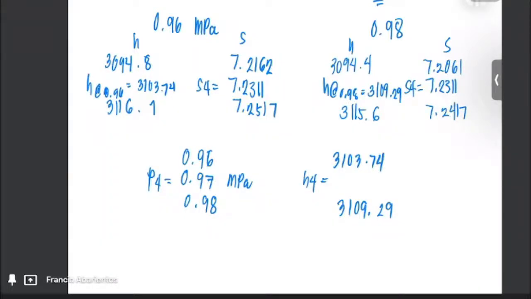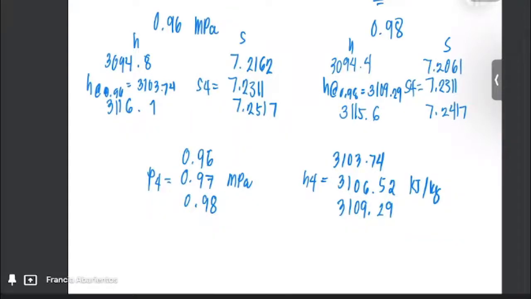What is now your H4? Okay, so this is now 3106.52 kilojoule per kilogram. So we have now interpolated the value of that H4.